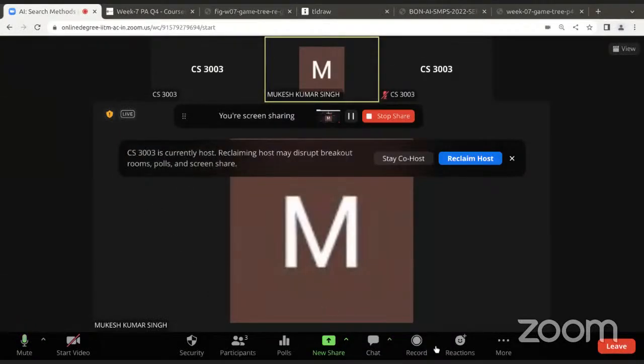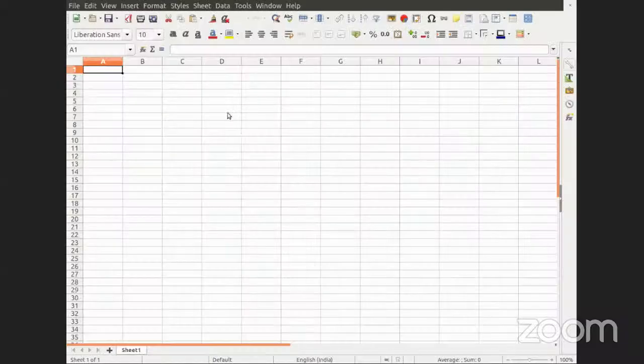But hide this. New share, new window. Where is the spreadsheet I opened? Untitled. Okay. Are you able to see the spreadsheet now? Yes, I am able to see. But are you able to see the other window also?